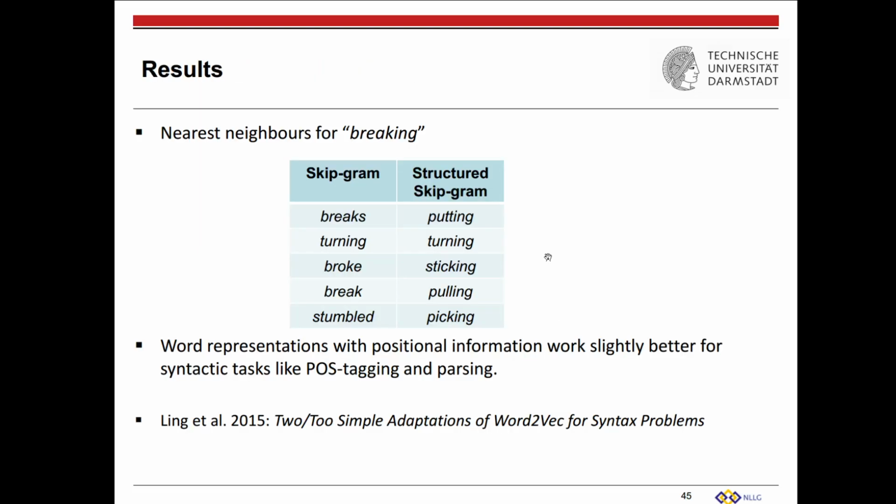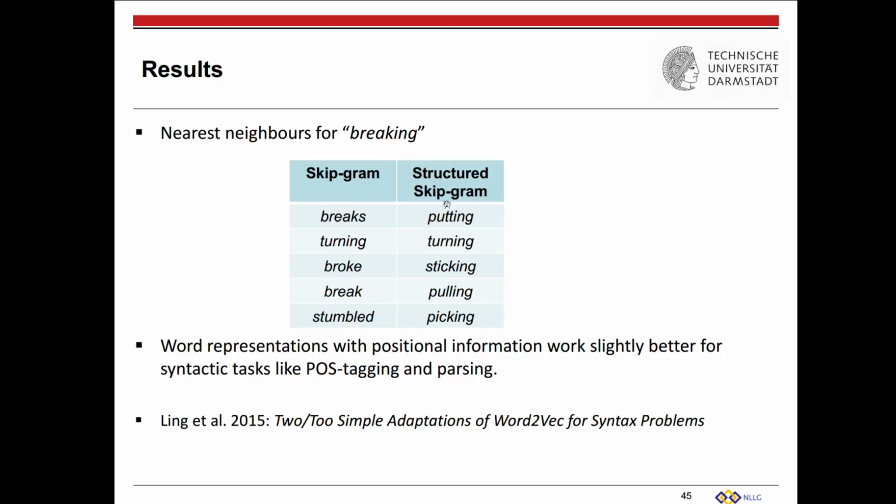In particular, if the model is evaluated, we can check the nearest neighbors of a word such as breaking. With the original skipgram model, we find that the nearest neighbors are words like breaks, turning, broke, break. So it's all kinds of grammatical forms. Here this is a gerund, this is third person, this is also a gerund of another word, this is past, this is infinitive, and this is again past of a different lemma.